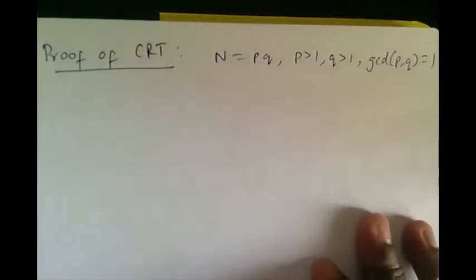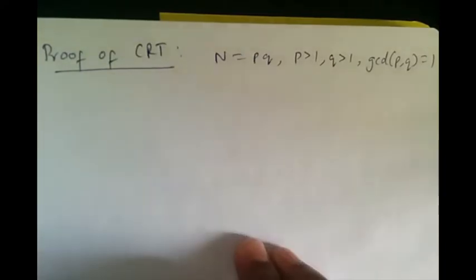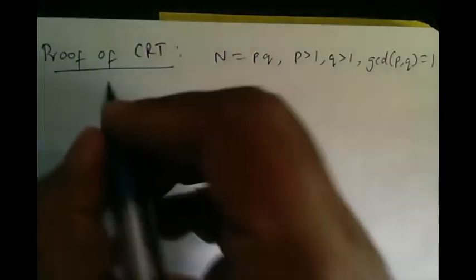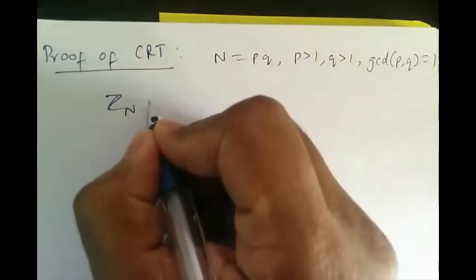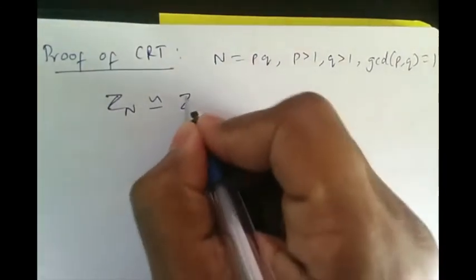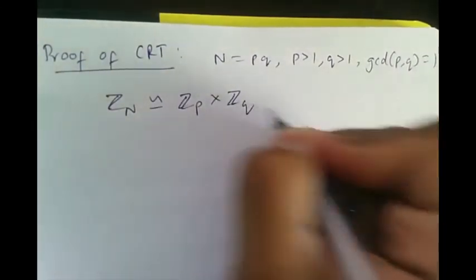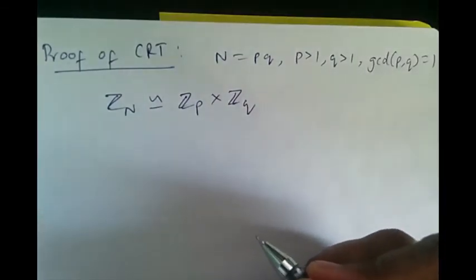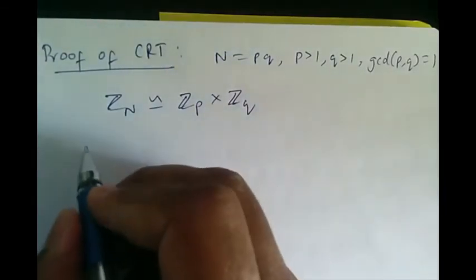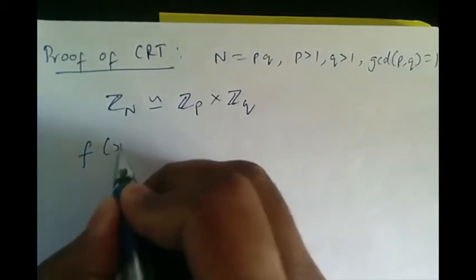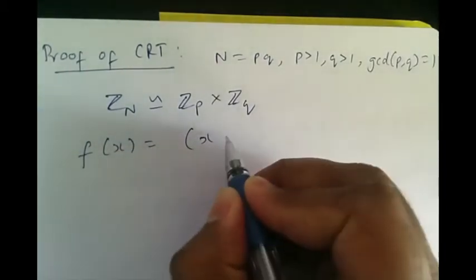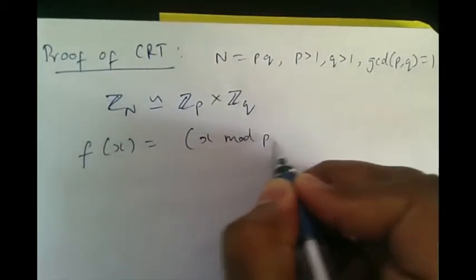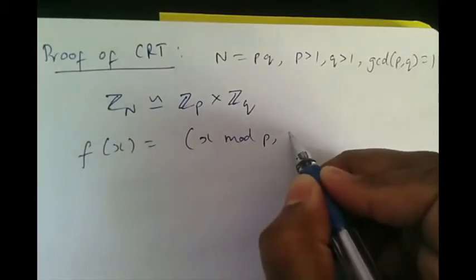And we want to argue that Zn is isomorphic to Cp cross Cq. The claim of the theorem was that this mapping works: f of x equals (x mod p, x mod q).